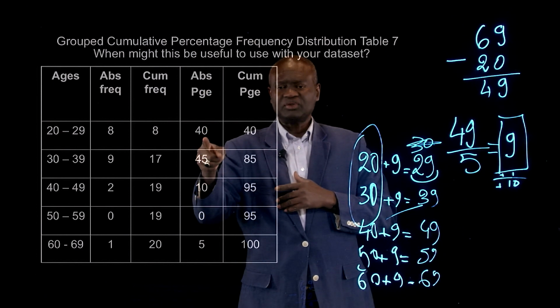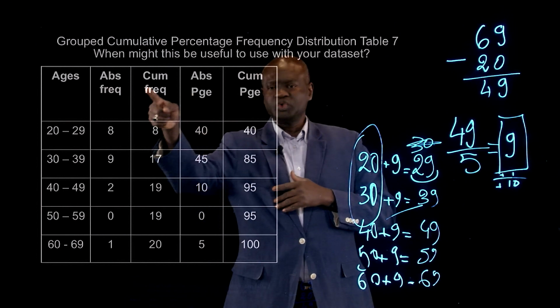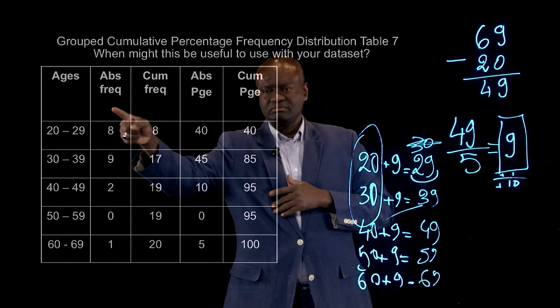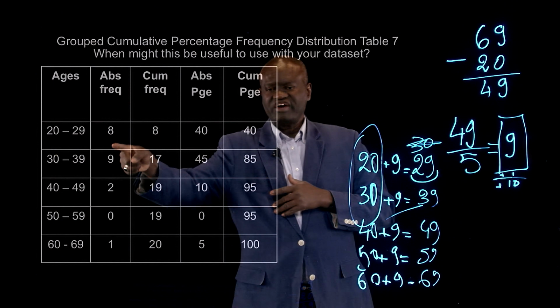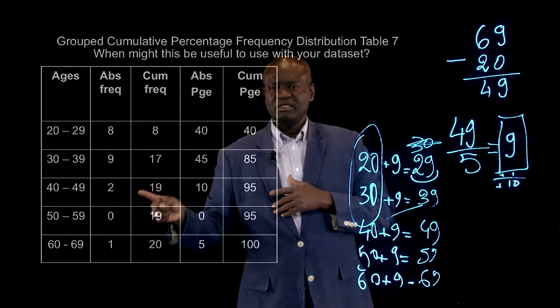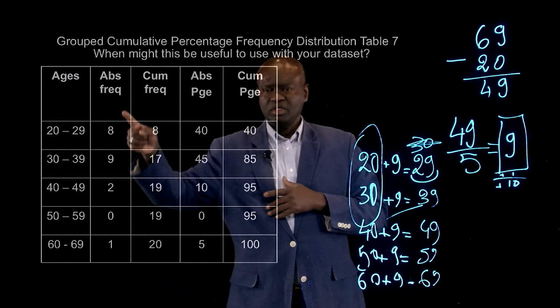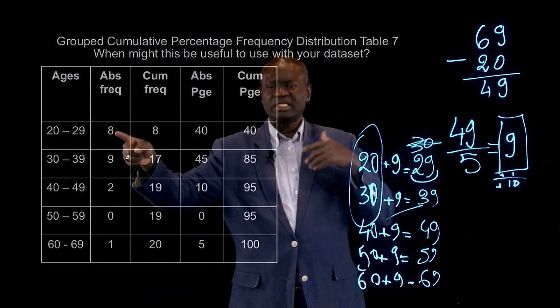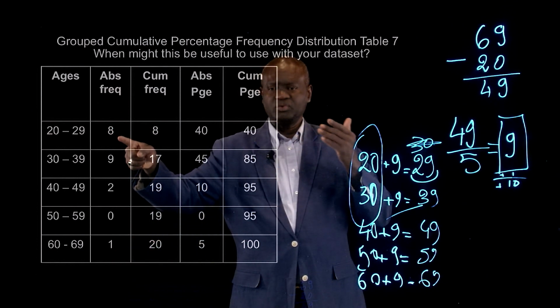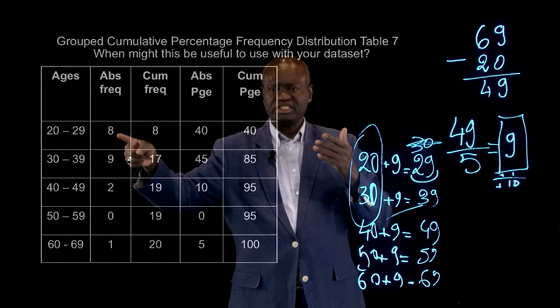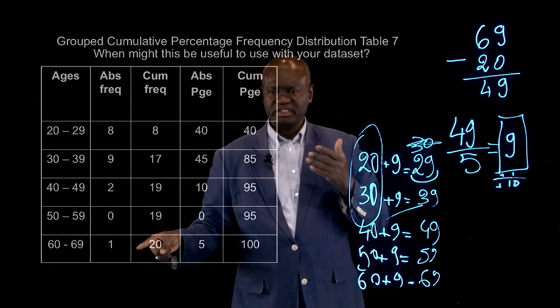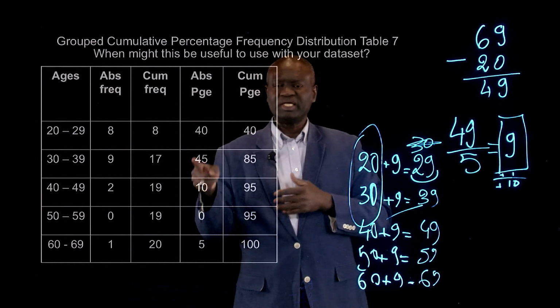So how do we calculate the absolute percentage? We go to the absolute frequency. 8 divided by 20 multiplied by 100. Out of 20 people, we have 8 who are between 20 and 29. We divide 8 by 20, and then we multiply by 100.